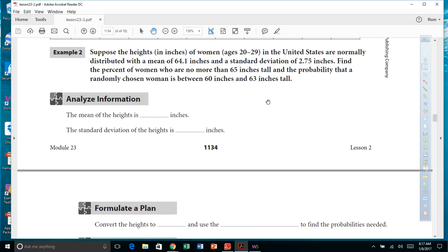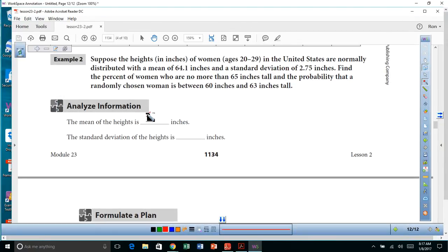Okay. To do this, analyze the information. The mean of the heights is 64.1 inches. The standard deviation of the heights is 2.75 inches.